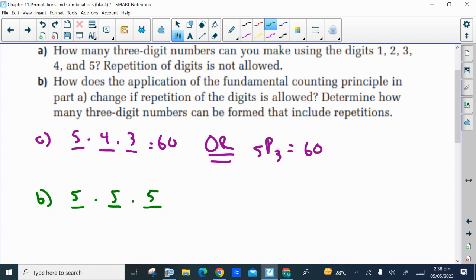It's 5 times 5 times 5, which is 125. And you cannot use permutations for this, because if you use permutations, it means no repetition. If there is repetition, you cannot use permutations.